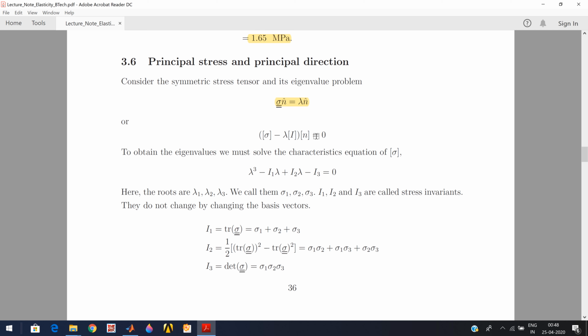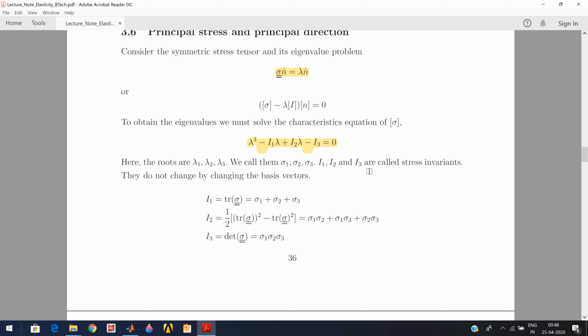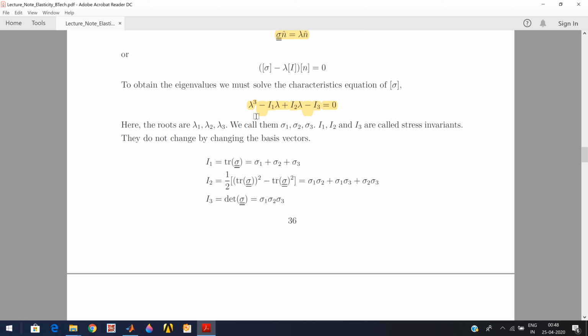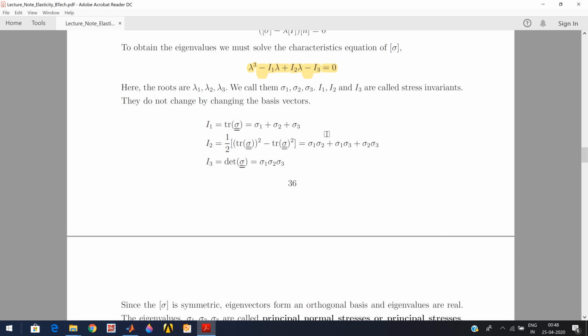From there we find the characteristic equation, and by solving it we get the three principal values sigma 1, sigma 2, sigma 3. These roots are the principal stresses. The stress invariants I1, I2, I3 can also be expressed in terms of these principal values.